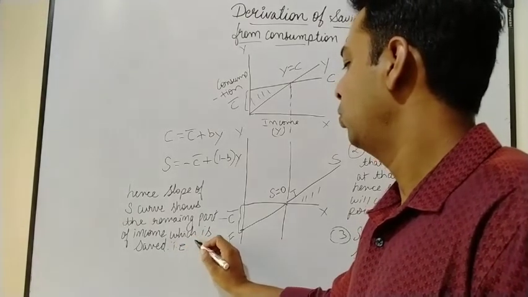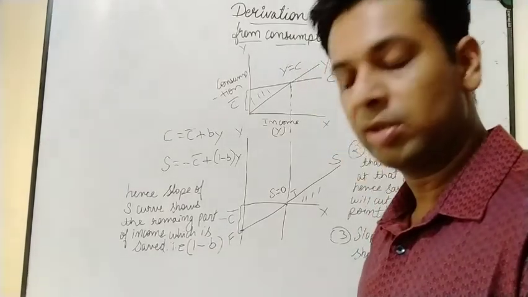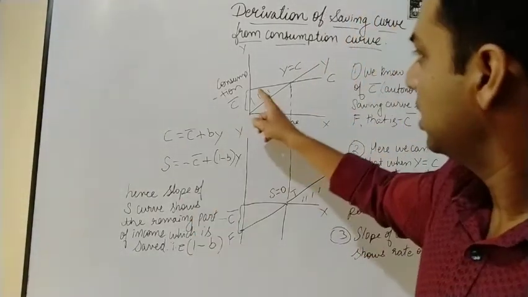That is 1 minus b. What is 1 minus b? That is your MPS. इनकम का ये रेट क्या दिखाता है?